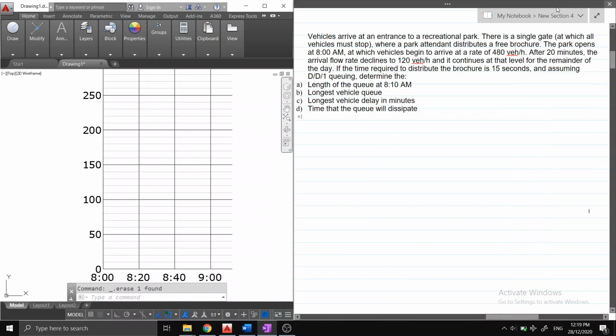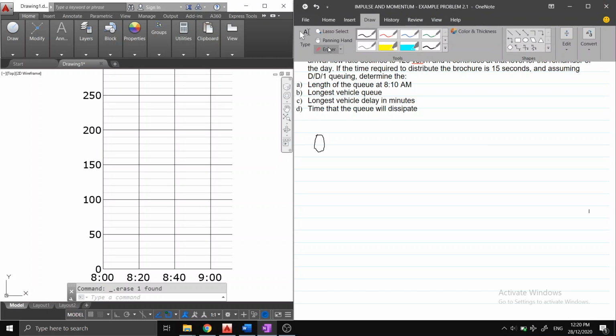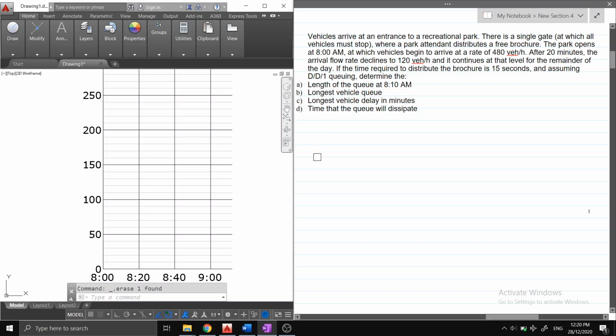So before we discuss example problem number 2, let's first talk about the notation used in queuing theory. Kung mapapansin nyo dun sa learning material nyo, meron tayong DD1, MD1, and MM1.